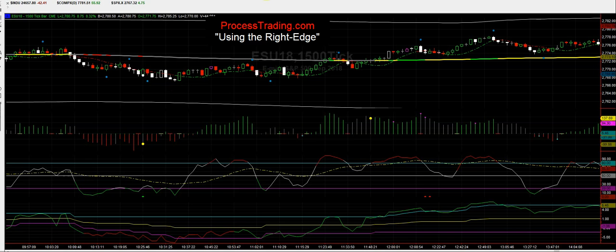Now, I'm not going to get into the specific trade management techniques, but in ProcessTrading, you have trade management techniques for trend trades, which use this VWAP line, gray or yellow, with a specific trade management technique. You can take contrarian trades, which are when price gets to these contrarian bands.